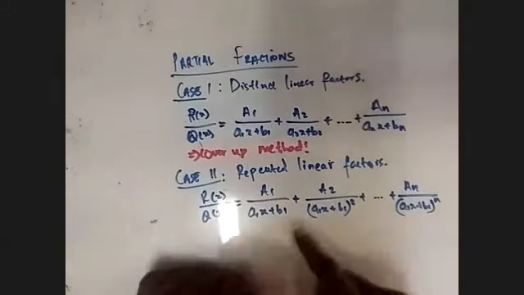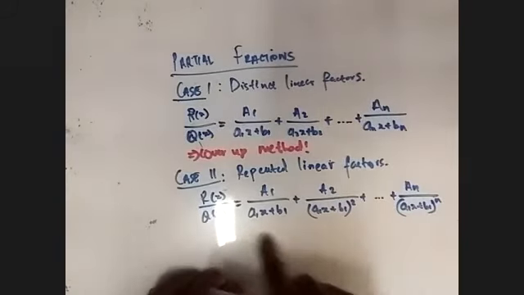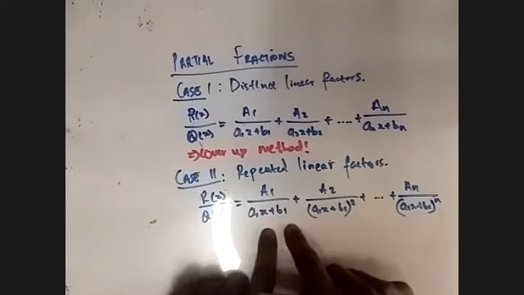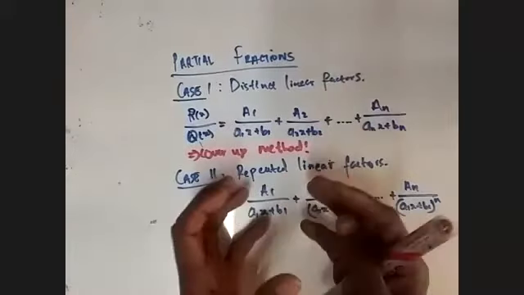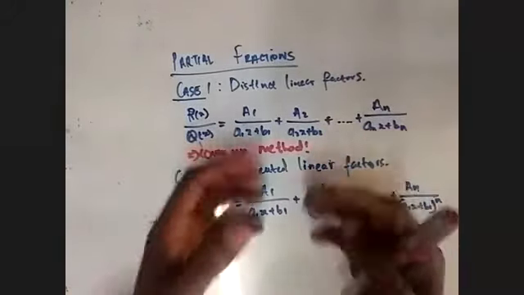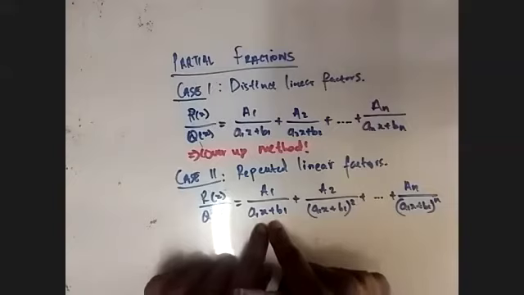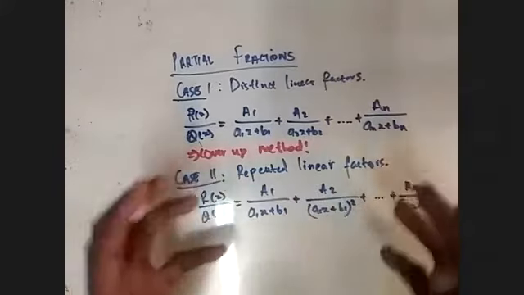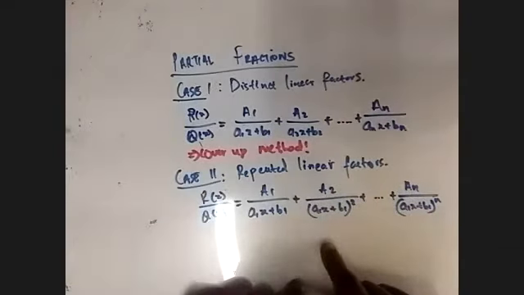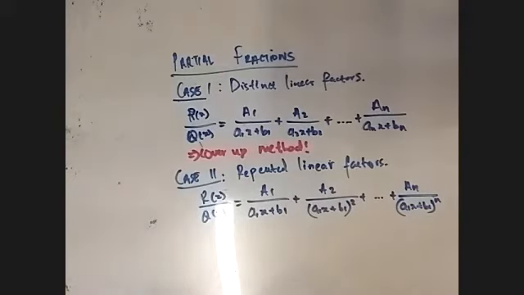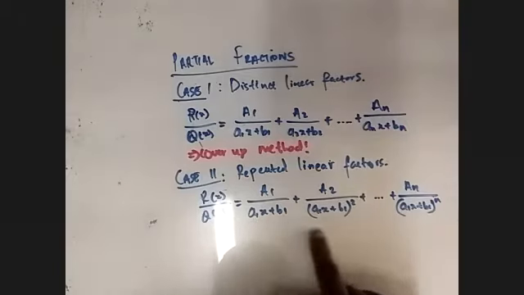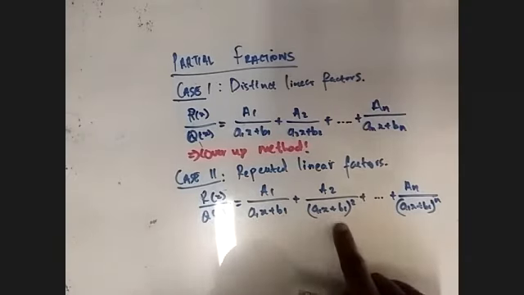But as these values change, you always multiply the repeated factor by itself, meaning that when you have A1x plus B1, here you're going to have (A1x plus B1) squared.